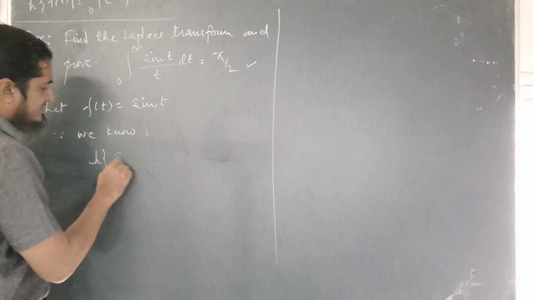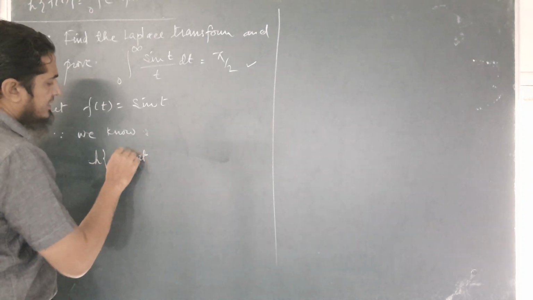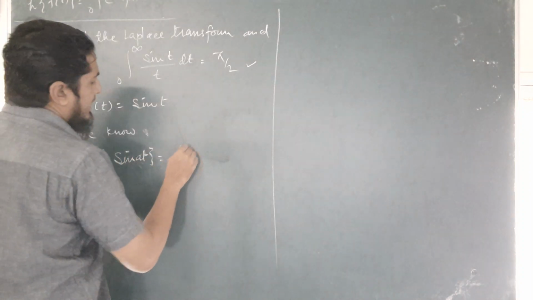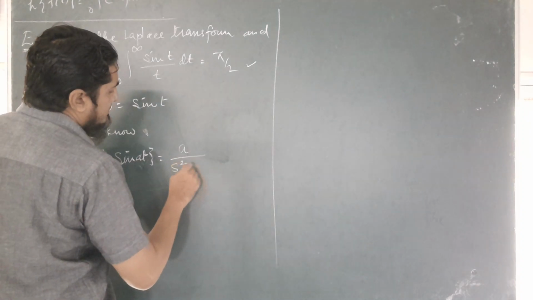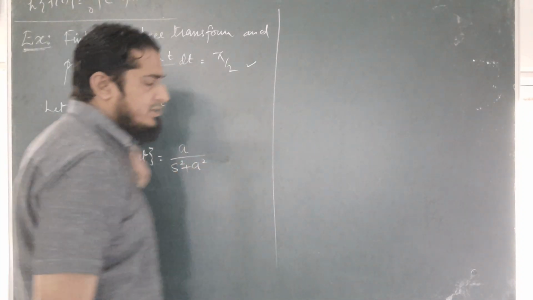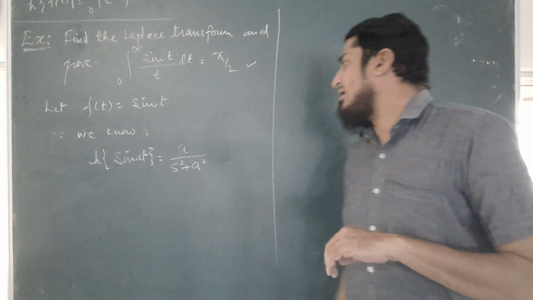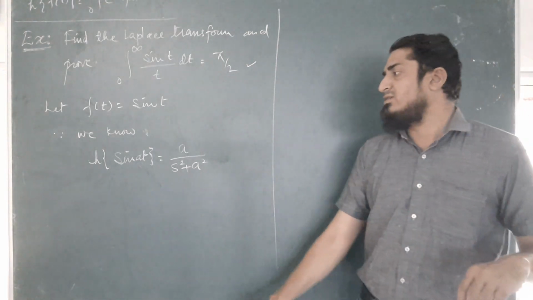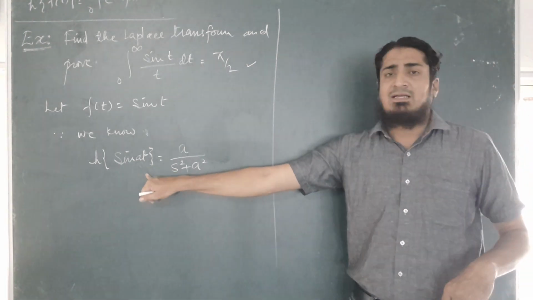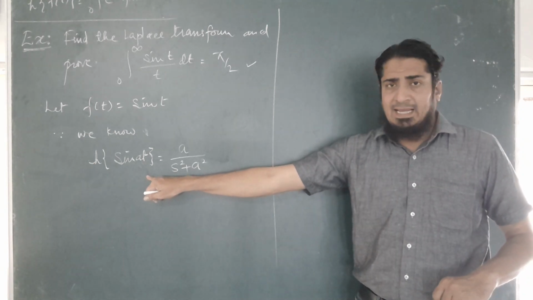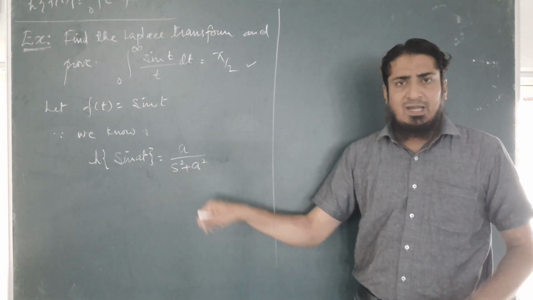Since we know the Laplace transform of sin at is equal to a upon s square plus a square. We have already done this basic Laplace transform of basic functions, in which we have seen Laplace transform of sin at is equal to a upon s square plus a square.